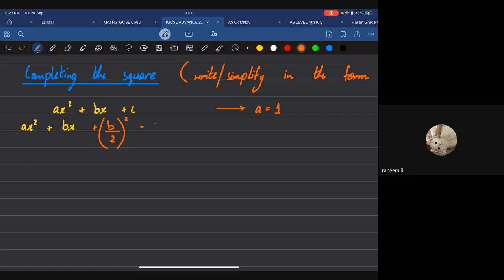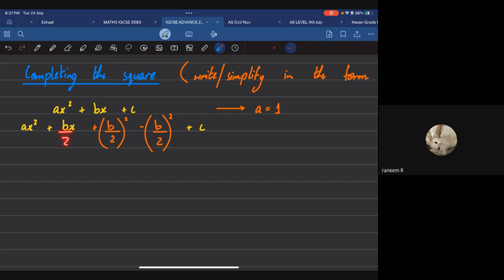Then you subtract half of B and square it again. And the rest is as it is. Now, the reason for doing so is what we're going to discuss.